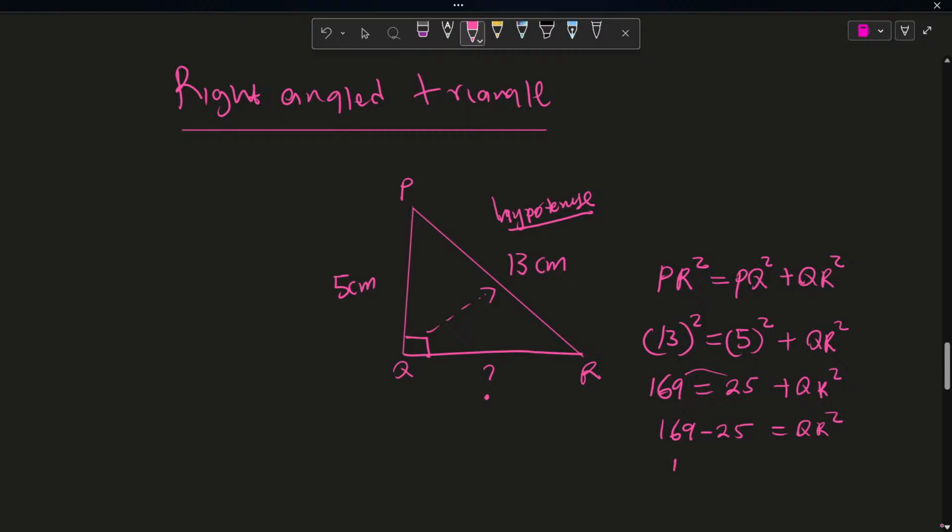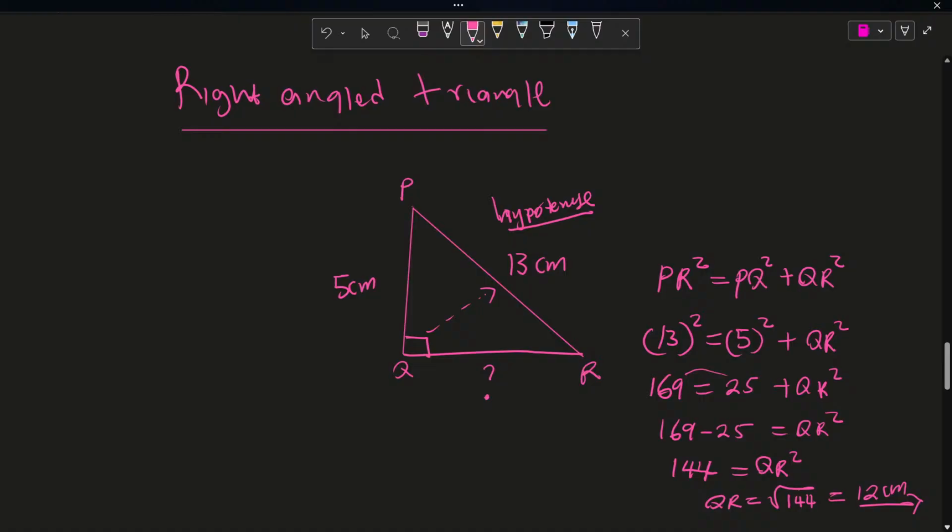This is 144 is equal to QR squared. And how do you remove the squared there? You introduce the square root. What is the square root of 144? It is 12 centimeter. Good.